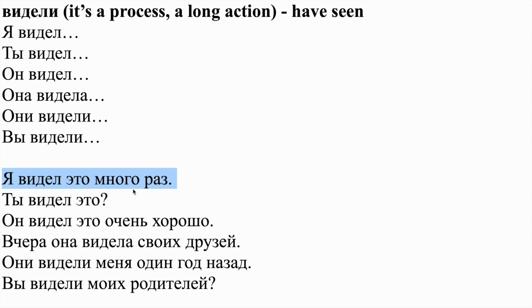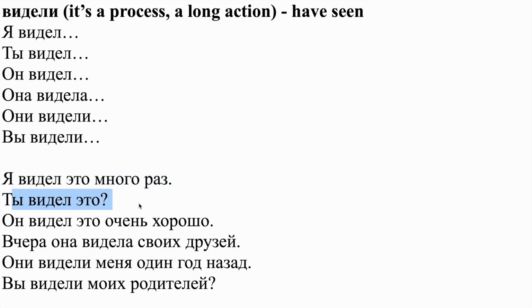Я видел это много раз. Many times, много раз. I hope you agree with me that in this situation we are talking about a process, because I've seen it many times. Many times is like a process. That's why I said я видел это много раз.